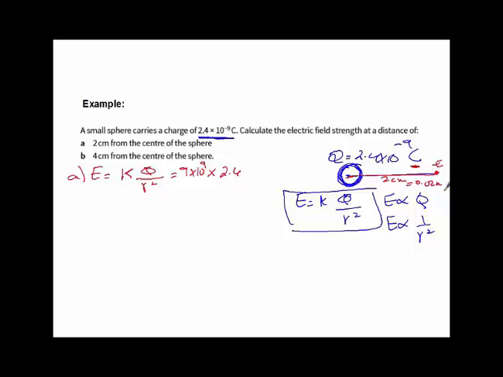So 2.4 times 10 to the minus 9 is Q, and our R is 0.02, whole squared, and this will give us 5.4 times 10 to the 4 Newton per coulomb.